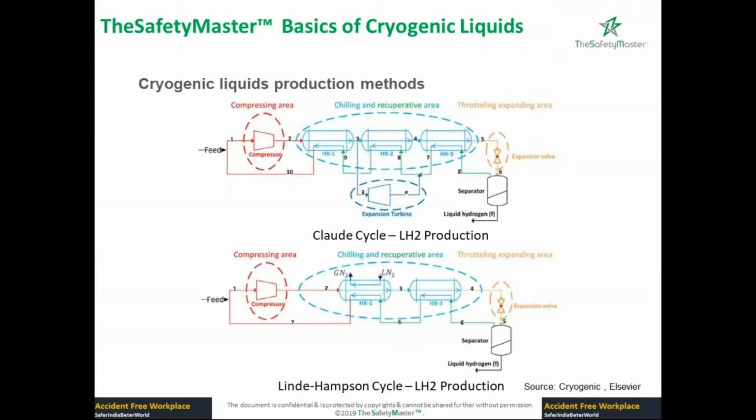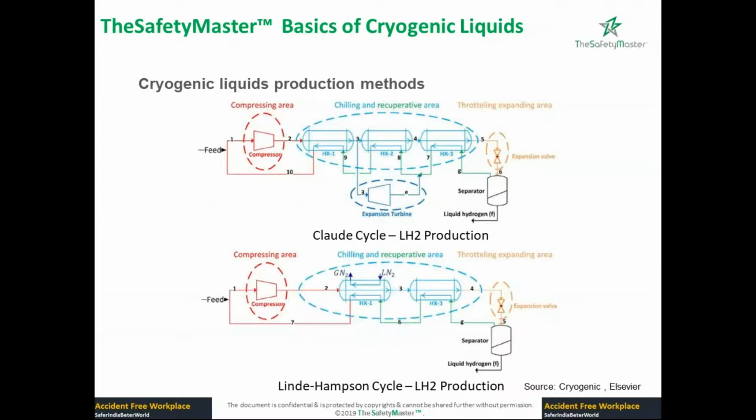Now, the Claude cycle is patented by Air Liquide, and the Linde-Hampson cycle by Linde. Claude is the inventor and founder of Air Liquide, and Linde is the founder of the Linde Group.